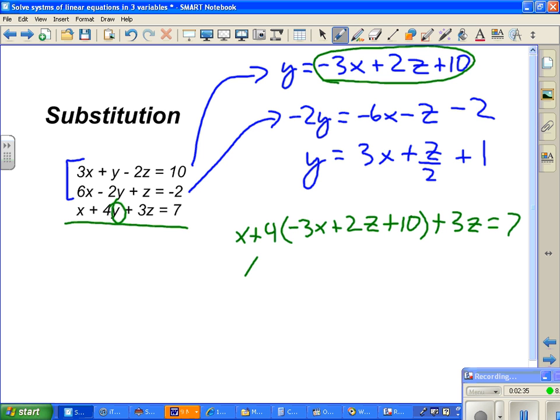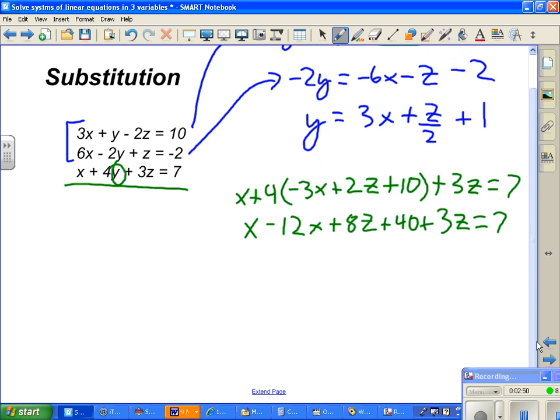Let's go ahead and solve. x minus 12x plus 8z plus 40 plus 3z equals 7. Let's get all my x's together, all my z's together. I have negative 11x plus 11z plus 40 equals 7.